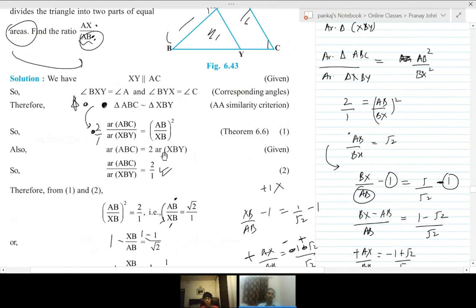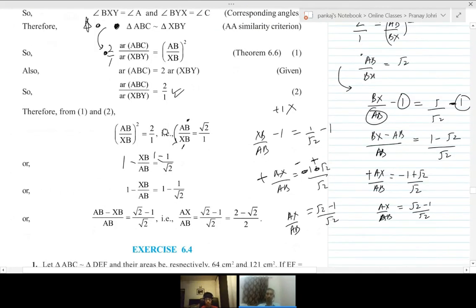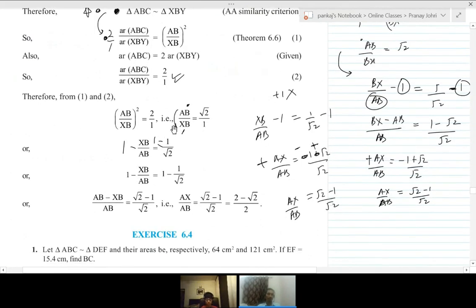Second was the area of two figures, just simple area ratio of two figures, 2:1 ratio. Third is the theorem that we just did. Fourth was the tricky part of subtracting one from LHS and RHS. I'm agreed now.